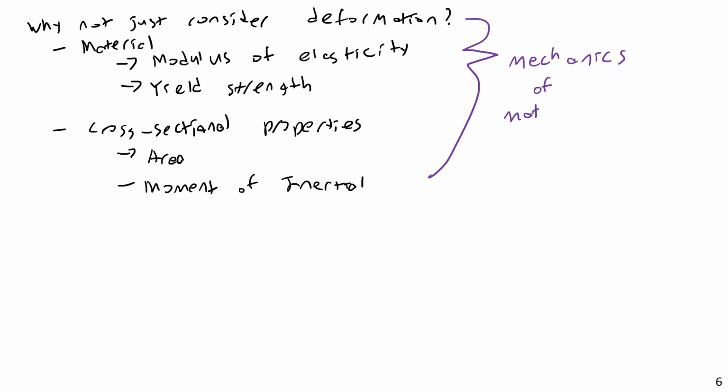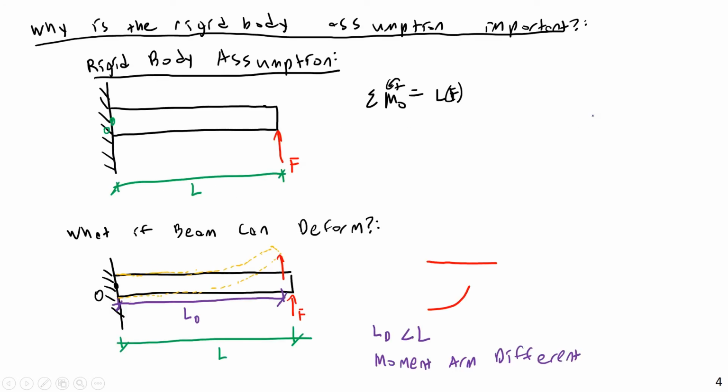Suffice to say, I don't want to spend too much time on this, but the basic idea is that if you want to model and predict how far this deforms, you have to use a whole bunch of equations and knowledge describing both the material the object is made of, and the cross-section of that particular member.